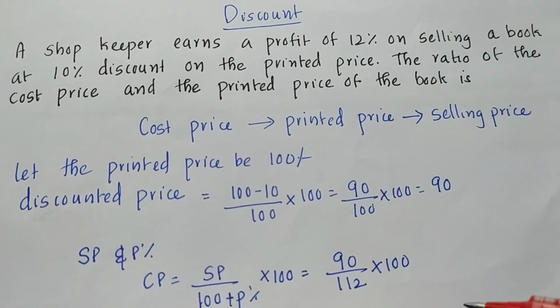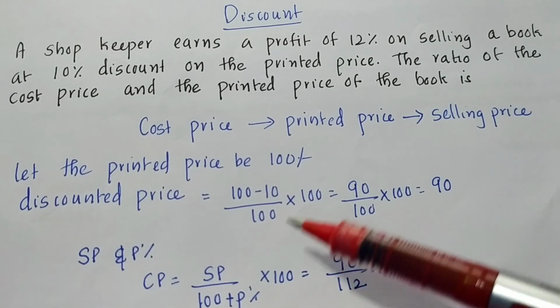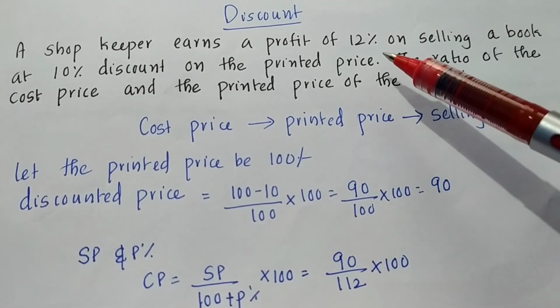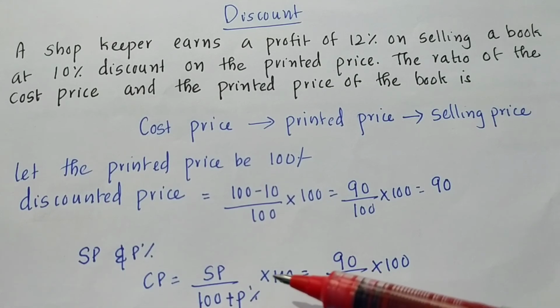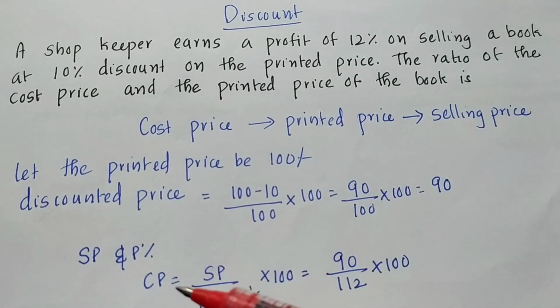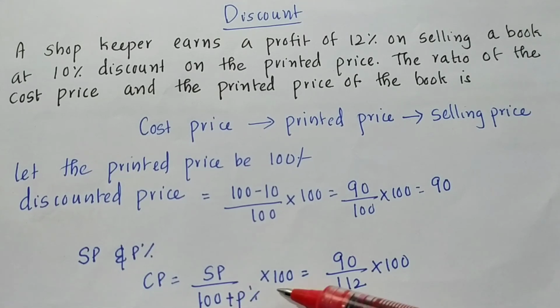Then we have to find out the cost price. So how to find out the cost price? We are also given the profit percentage. So we have discussed earlier how to find out CP when we are given the selling price and profit percentage. So CP is equal to SP by 100 plus P percentage, into 100.